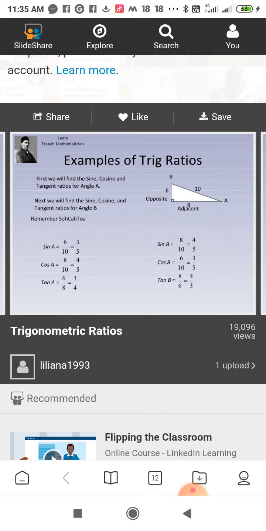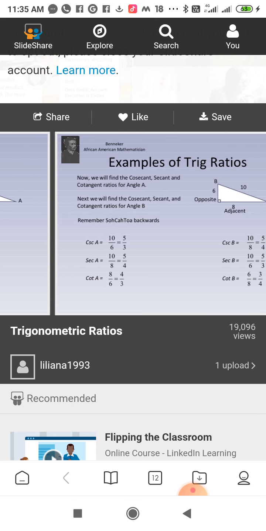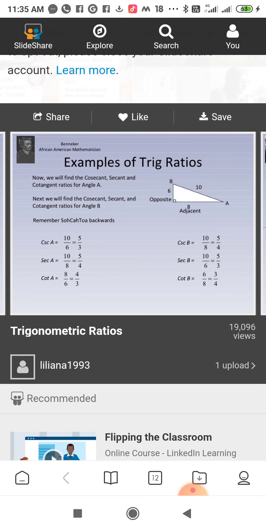If we find sine A, then sine A is the opposite side upon the hypotenuse. Cosine A is the adjacent side upon hypotenuse, and cotangent A is the adjacent side upon opposite side.